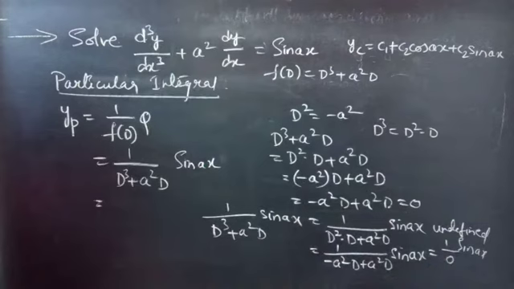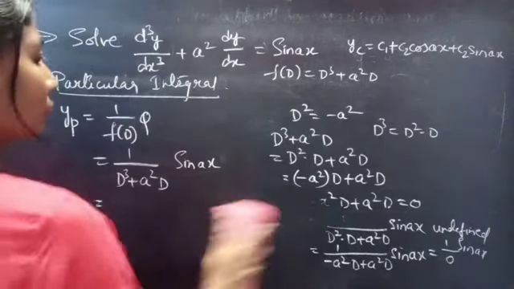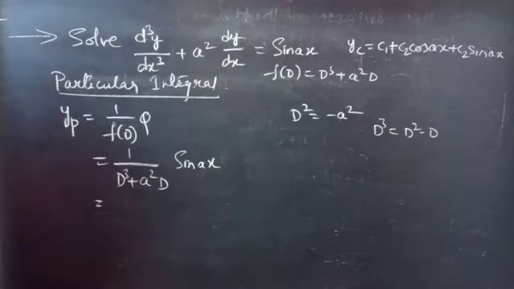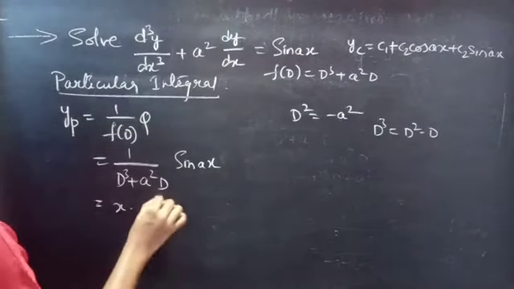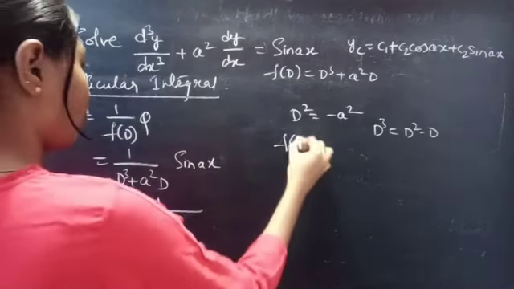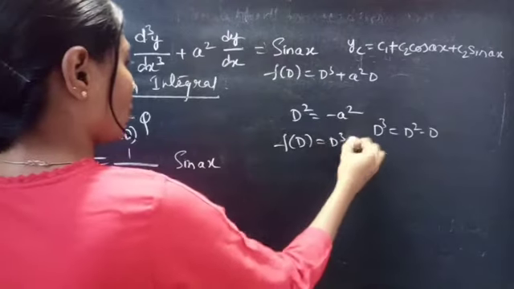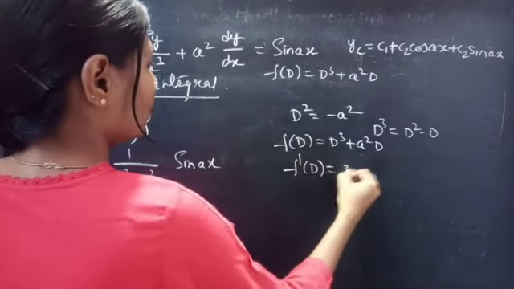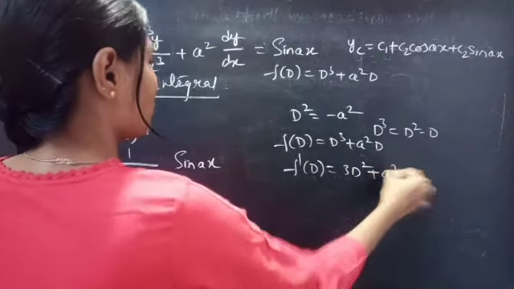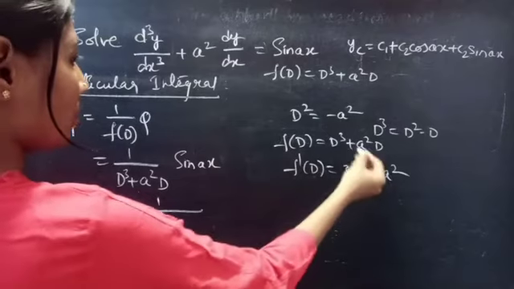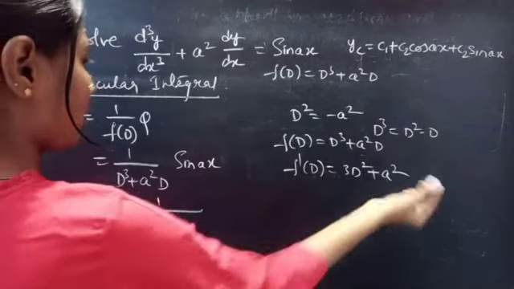So what we'll do, we'll not replace d square here. We'll write x into 1 by the derivative of f of d. If f of d equals d cube plus a square d, then f dash of d will be 3d square plus a square, right? The derivative of d cube is 3d square, plus the derivative of a square d is a square.